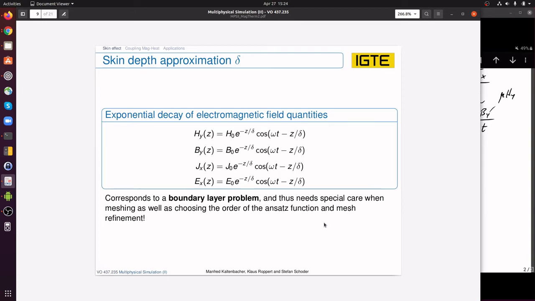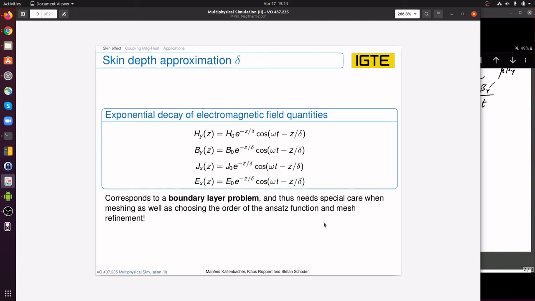That's an h refinement. If you increase the number of elements as you go towards your boundary, that's one way, h refinement. Or you can also use higher order elements. Then you also have more degrees of freedom, corresponding to a better resolved field quantity in depth direction.